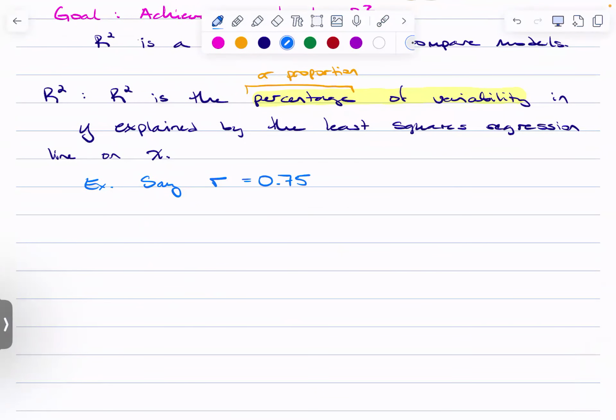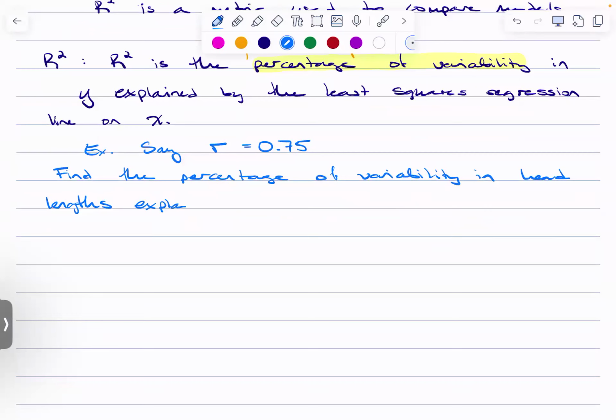So now the question would say, find the percentage of variability in head lengths explained by the least squares regression line on total lengths.